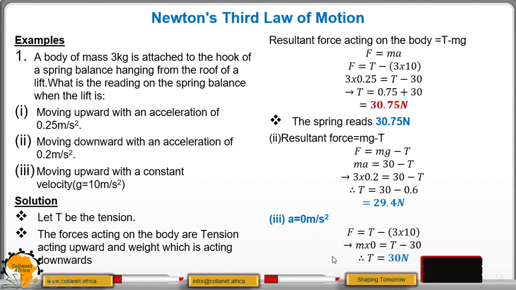You get that our tension will give us 30 newtons. So the reading will be the actual weight of the body, because the actual weight will be 3 times 10, which is 30 newtons. So when the acceleration is 0, the reading of the machine will be the weight of the body. In this case, T is equals to 30 newtons.